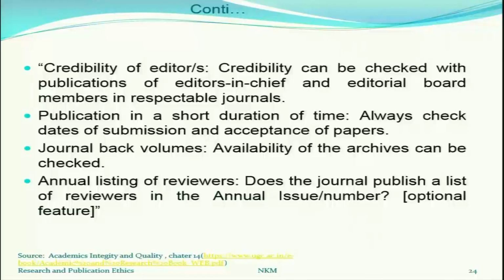Now let's try to understand further what we need to check as a research scholar. We should check the credibility of editors. Credibility can be checked with the publications of the editor-in-chief and editorial board members in respectable journals. Also check the duration of publication. Always check dates of submission and acceptance of the paper.